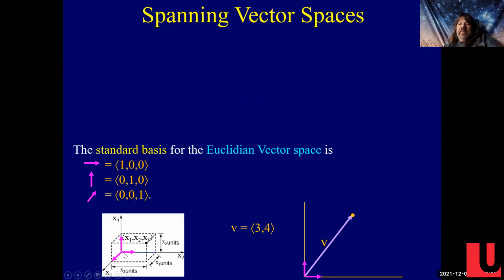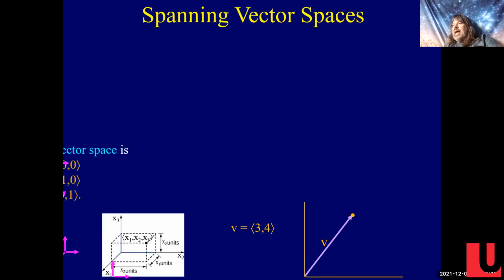It's a vector that goes one in the x2 direction, and then another one that goes one in the x1 direction, and one that goes one in the x3 direction. Everybody agree that these are useful little unit vectors? Yeah?